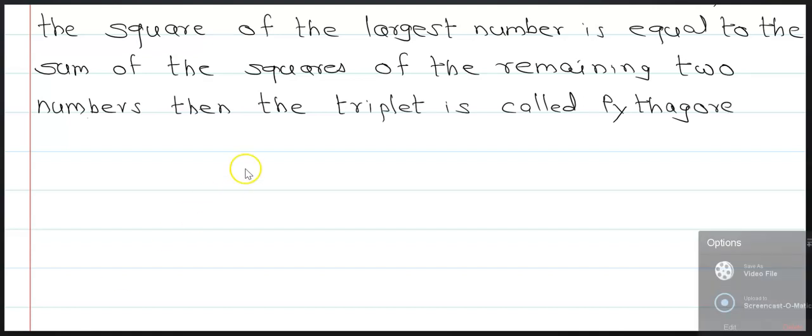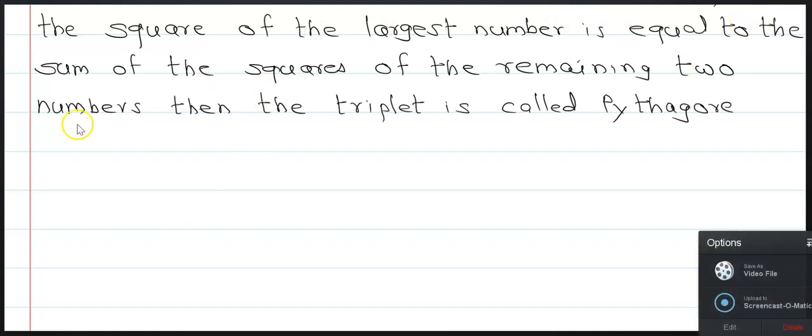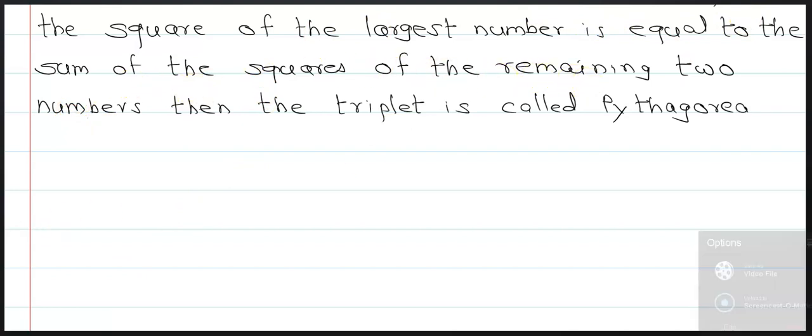What is that? If the square of the largest number is equal to the sum of the squares of the remaining two numbers, then that triplet is called the Pythagorean triplet.